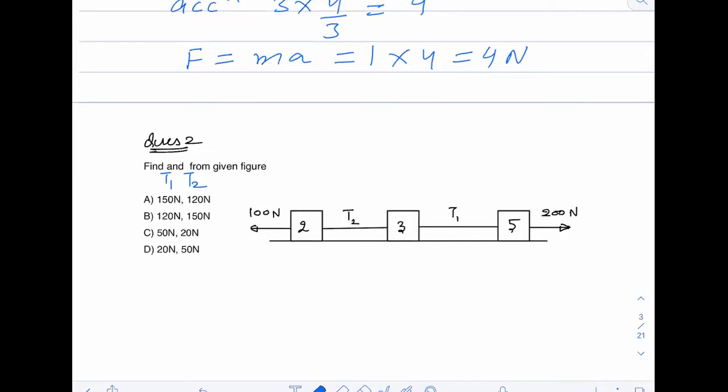Yes, anyone who got the answer? Anyone who got the answer?